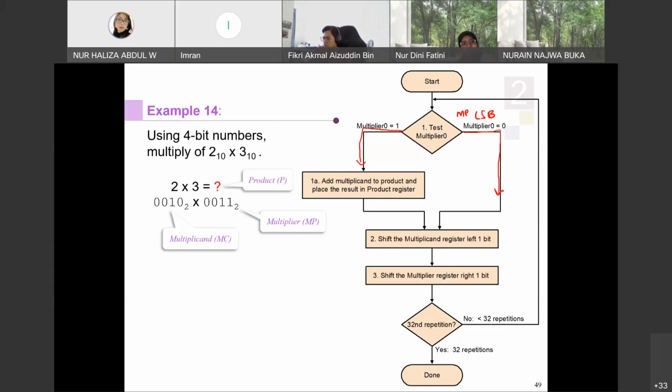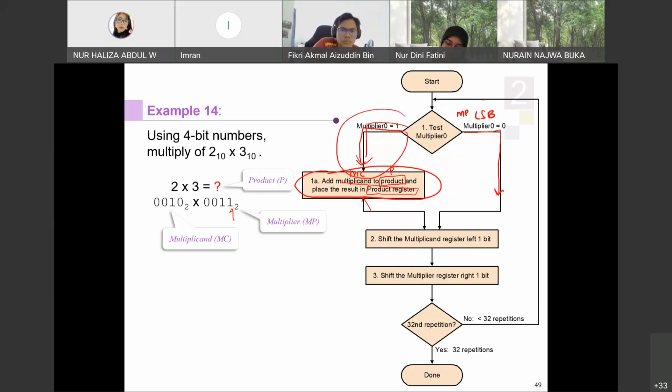Okay. What will happen here? You need to add the multiplicand, which is your MC, to your product, to your P, and place the result in the product register. What does this mean? Let me show it in the example after this. For this one, our question here is going to follow the flow.